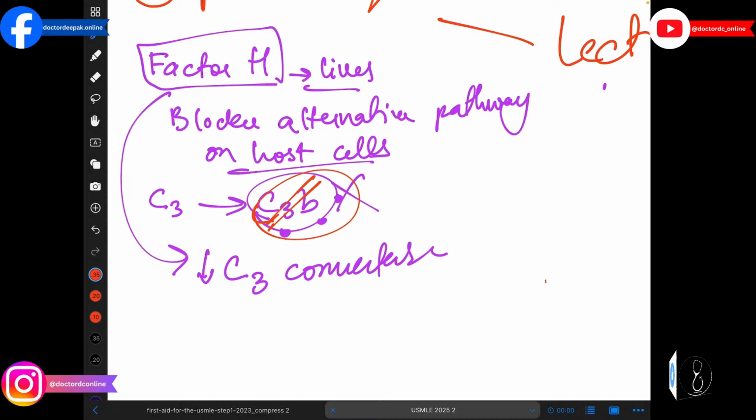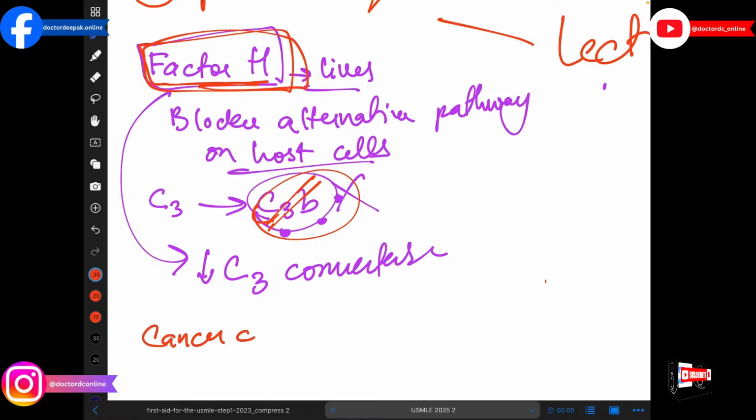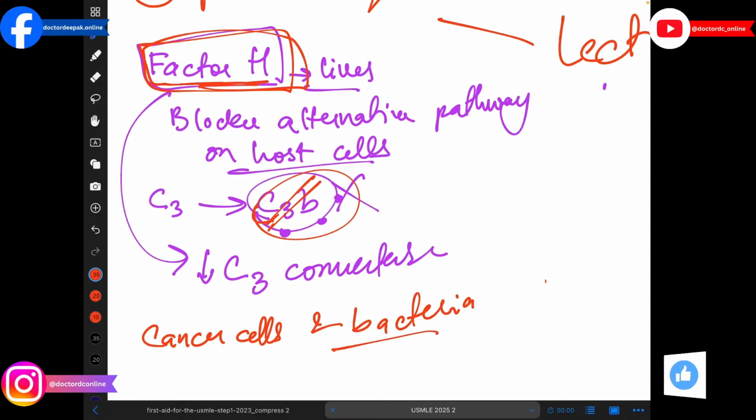And now this factor H mechanism is also being copied by our enemies. Who are our enemies? Cancer cells and some bacteria. They know the secret of factor H, and they adopt the same mechanism to protect themselves from C3b.